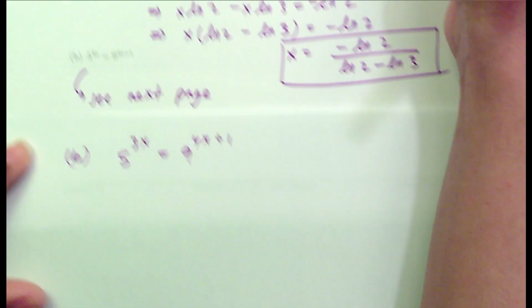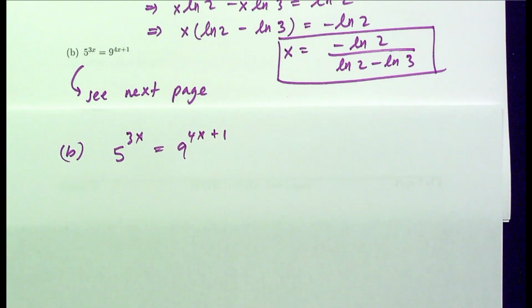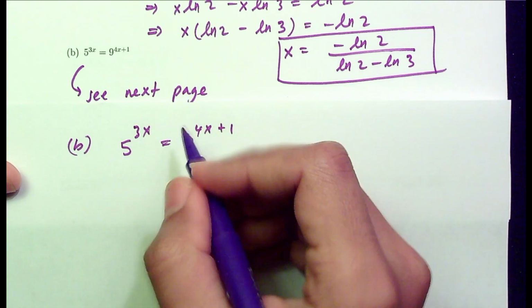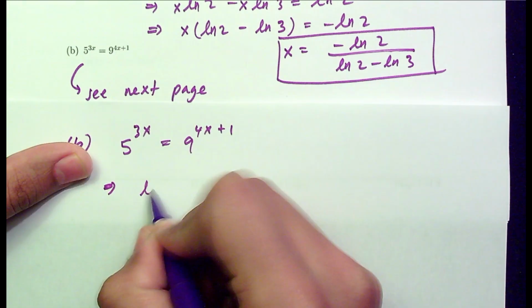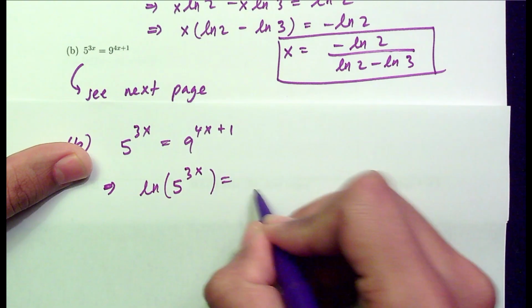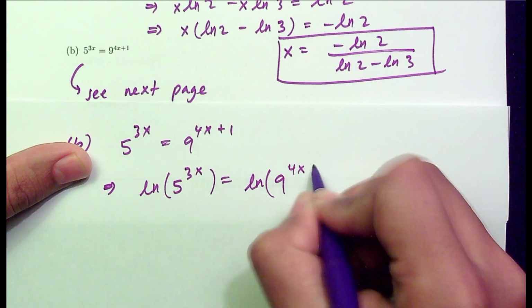Okay, let's solve this. You should pause the video here and try it on your own. See if you can get it. Now let's solve this. Take ln on both sides. Ln of 5 to the 3x equals ln of 9 to the 4x plus 1.